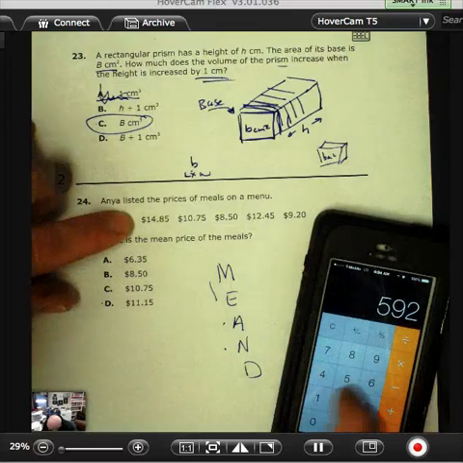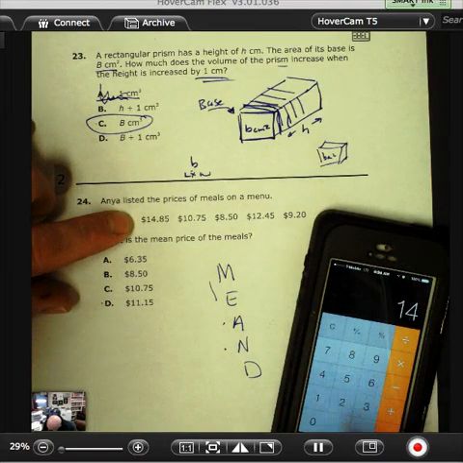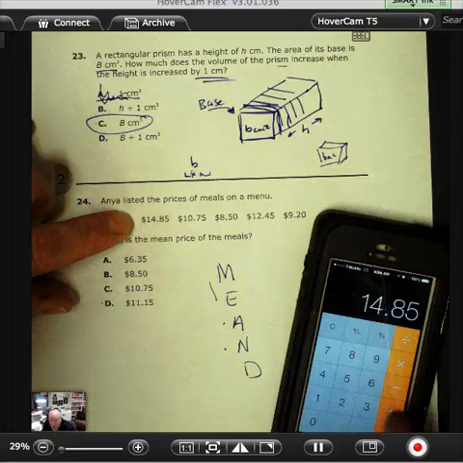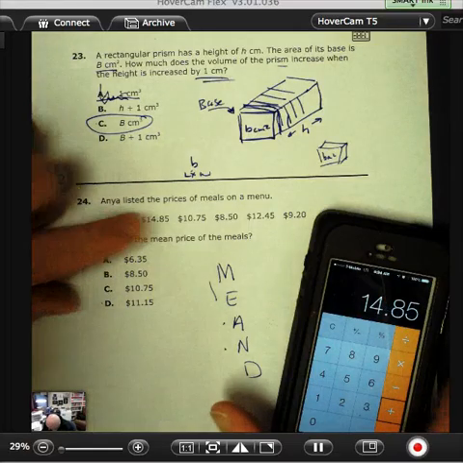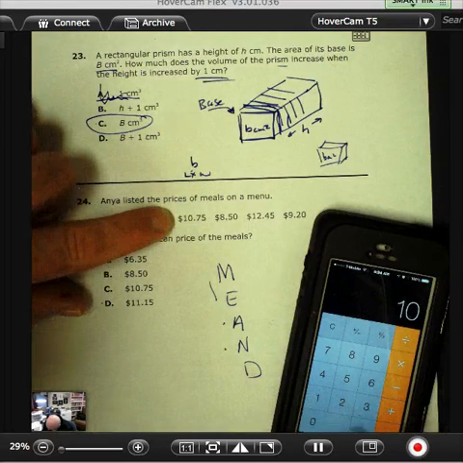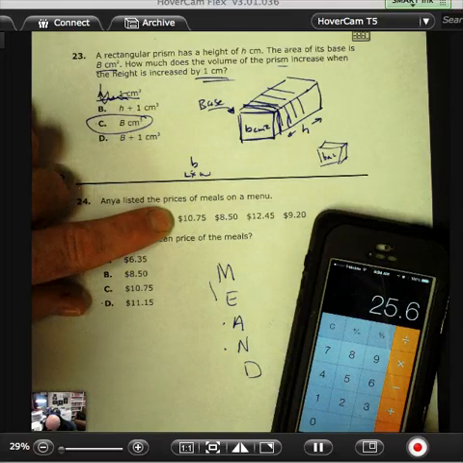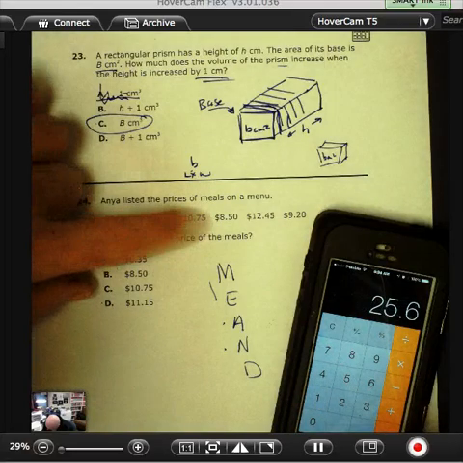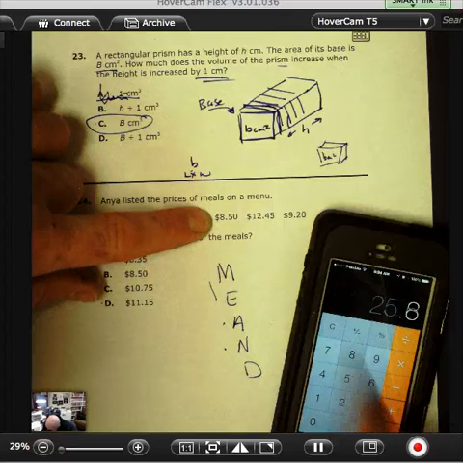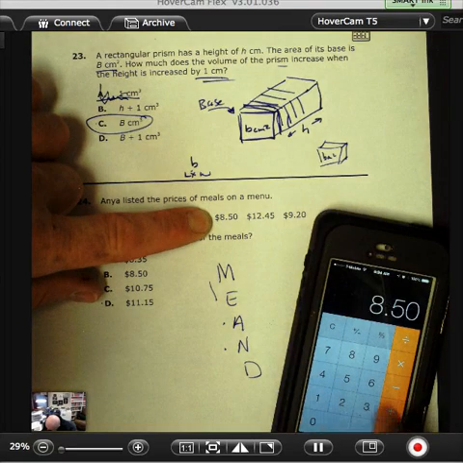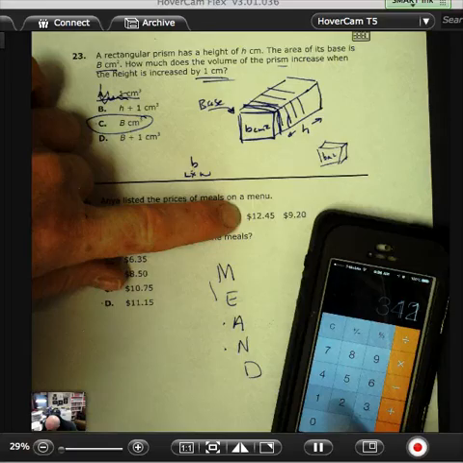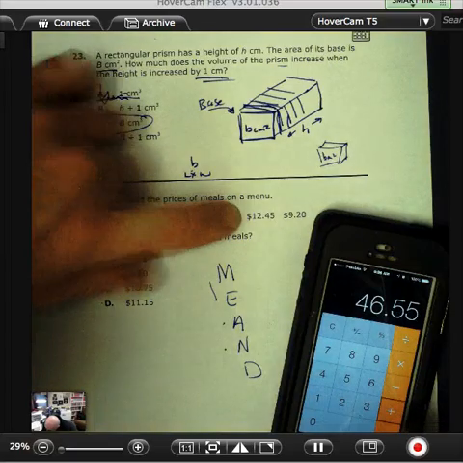So we have 14.85 plus 10.75. That's 25.6 plus 8.50 plus 12.45 plus 9.20.